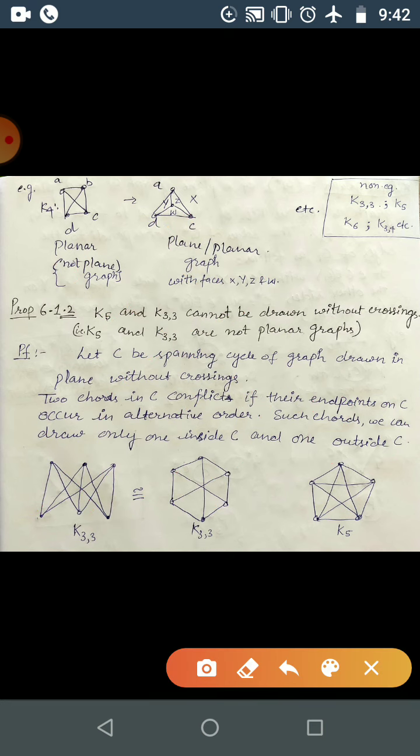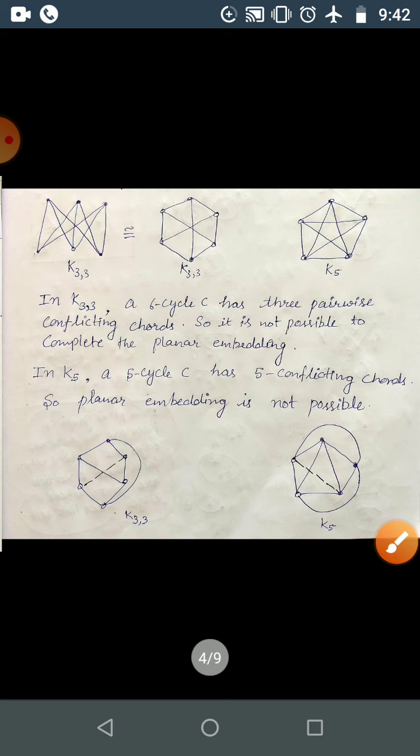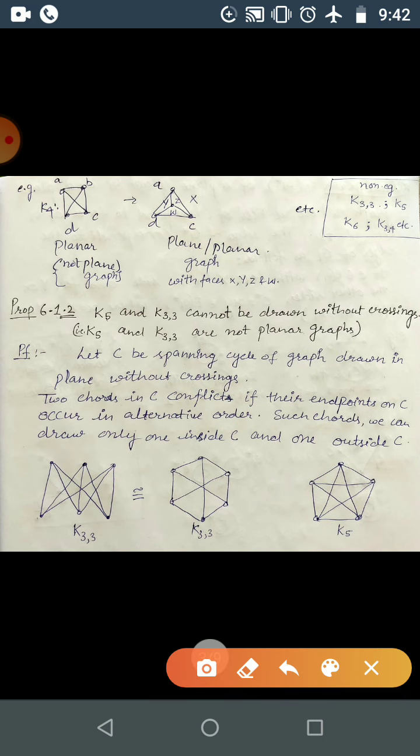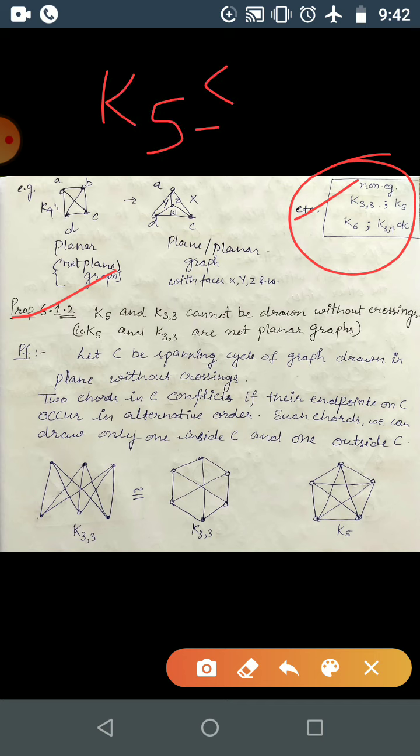Here we can have some problem. This is proposition number 6.1.2. So here we need to show whatever we were discussing now, that K5 and K33 are not planar, correct, and also all the graphs which contain K5 as a subgraph or K33 as a subgraph are not planar.